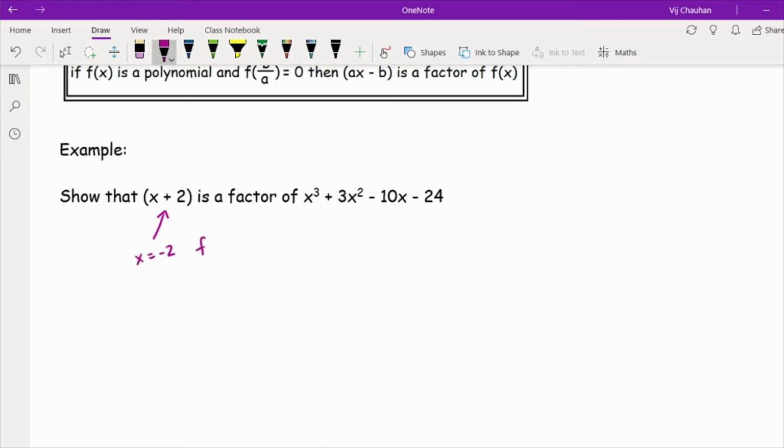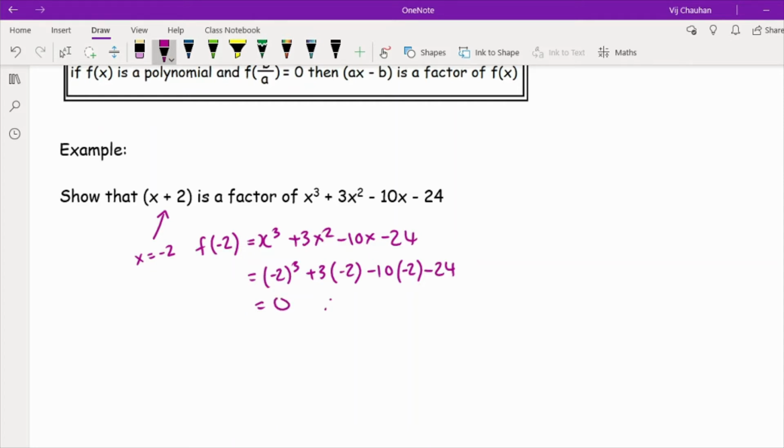So I substitute minus 2 into this function, and lo and behold, it does equal 0, so therefore x plus 2 is a factor.